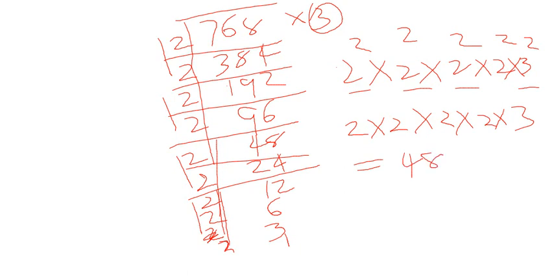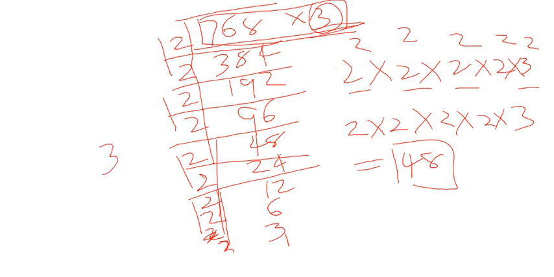So 48 is the square root of the number once you multiply by the missing prime number. So there are two answers. Number 3 is the multiplier, and 48 is the square root. They were asking these two questions.